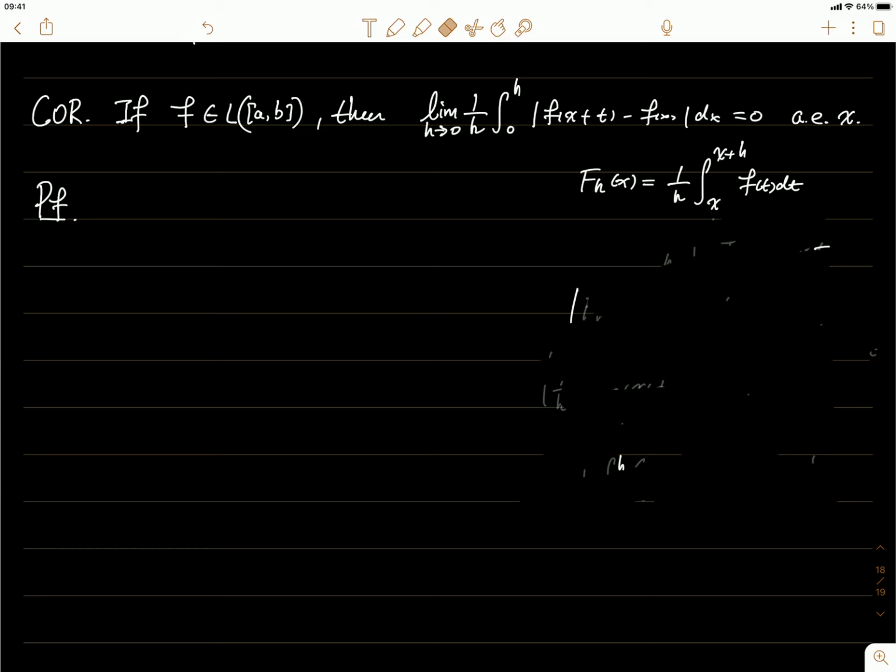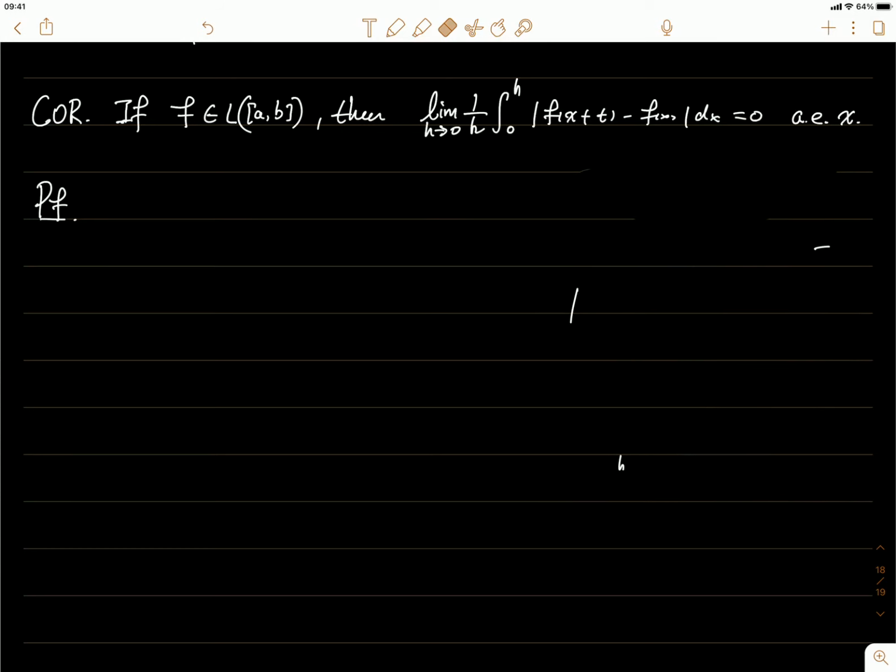Okay, I showed a pretty long proof in the notes, but there is actually a shortcut to prove this. So for example, let's define g as a function of h and x, defined to be the average of that, the limit that we're trying to take.